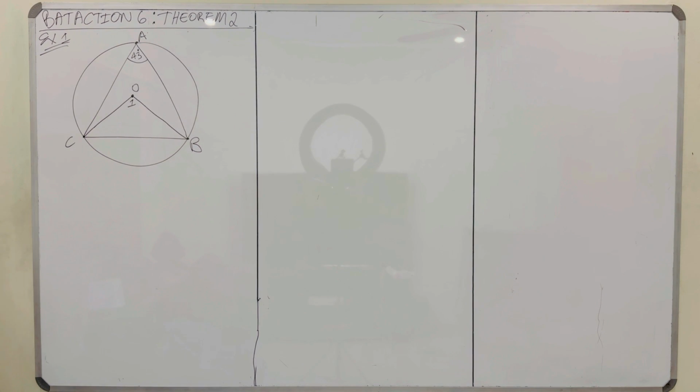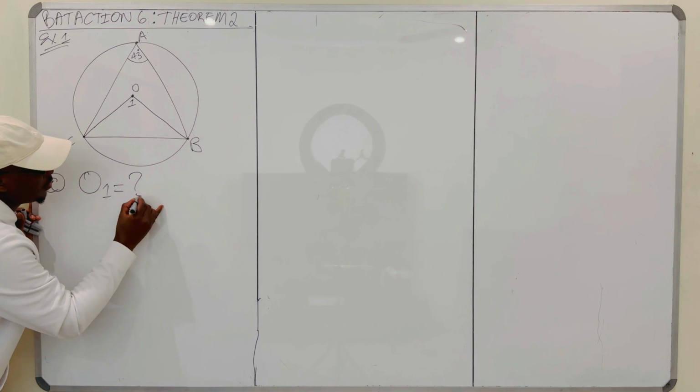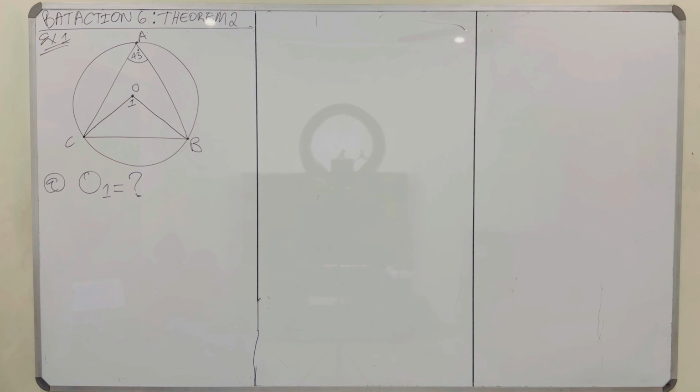They are saying, now, angle A is equal to 43 degrees. Can you see? Yes. Angle A is equal to 43 degrees. They are saying now, calculate the size of O1. So, they want to find the size of O1. What is O1?